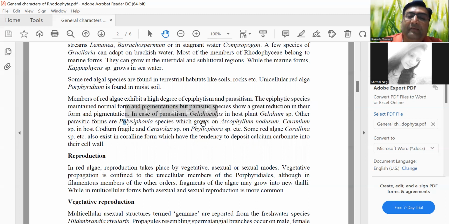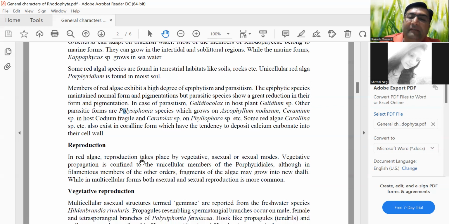This Polysiphonia is found growing attached on another red alga, Ascophyllum nodosum. Ceramium species is found growing on Codium fragile. Codium fragile is a green alga. So in case of red algae, we see the trends of parasitism and epiphytism also.